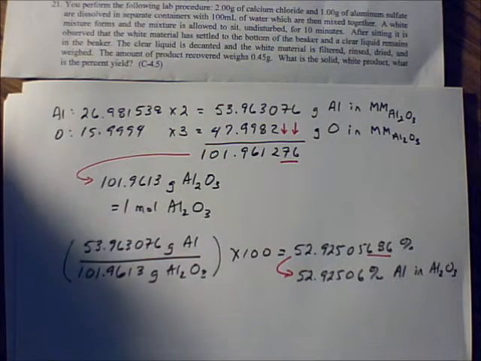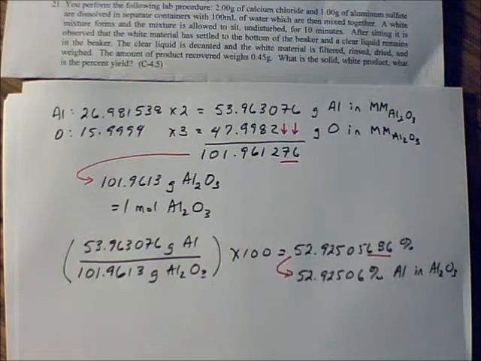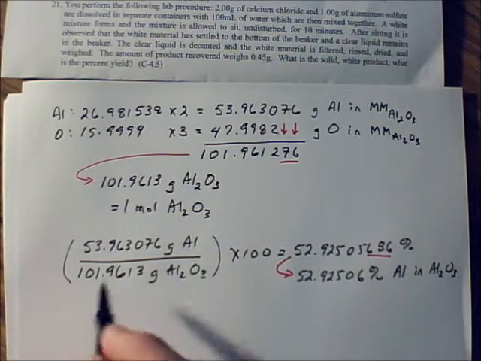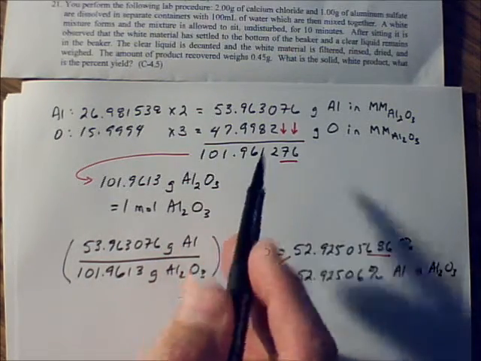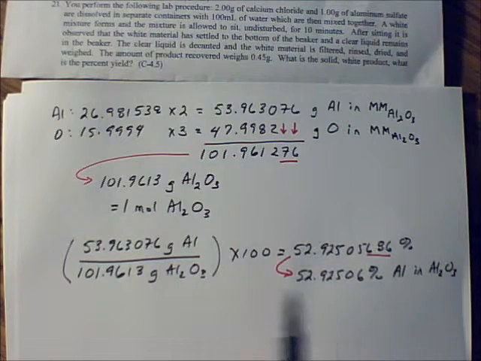But if we're going to do a percent composition, we also need the percent of oxygen in aluminum oxide. So we take this number and divide by that number, put units and species in there, and calculate the percent. So please do that.